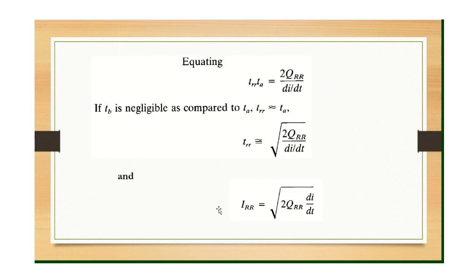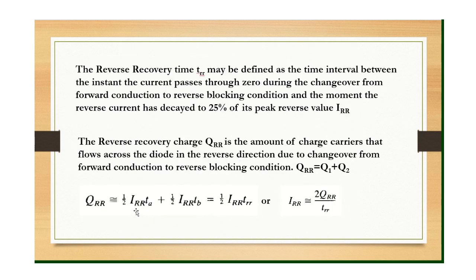So you have half into IRR TA plus half into IRR TB, and TA plus TB we know is TRR, the reverse recovery time. Substituting, you have half into IRR into TRR. From this, you can write IRR, the reverse recovery current, is approximately equal to twice QRR by TRR.